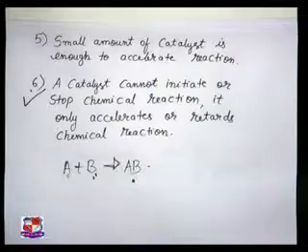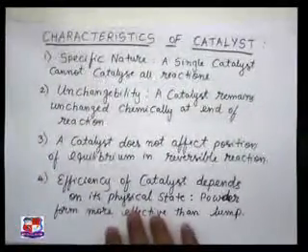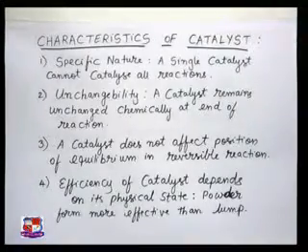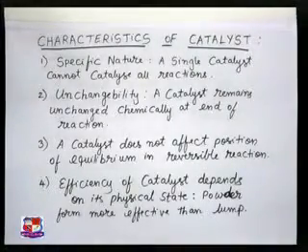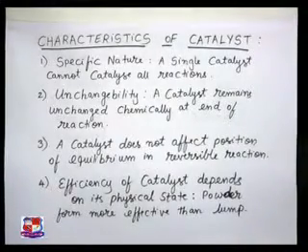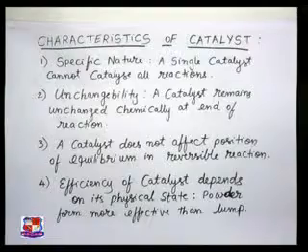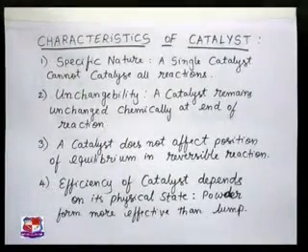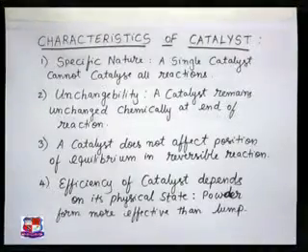We'll try to summarize the points in short, that is, what are the characteristics of the catalyst. The very first point we discussed is the specific nature, meaning a single catalyst cannot catalyze all the reactions. The second is unchangeability, meaning your catalyst remains chemically unchanged at the end of the reaction.